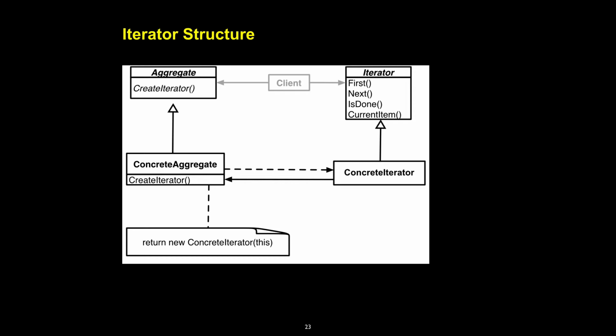What they also have is a concrete iterator, because the way you iterate over an array list is different than the way you iterate over a binary tree. So there'll be a concrete iterator for the array list, for the linked list, and a different concrete iterator for a binary tree.